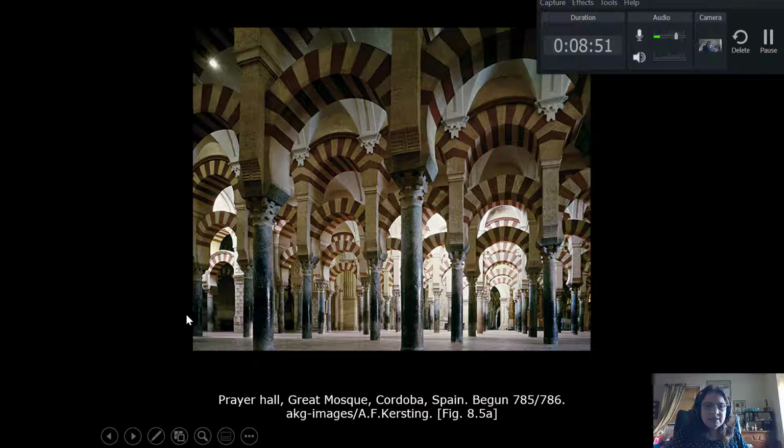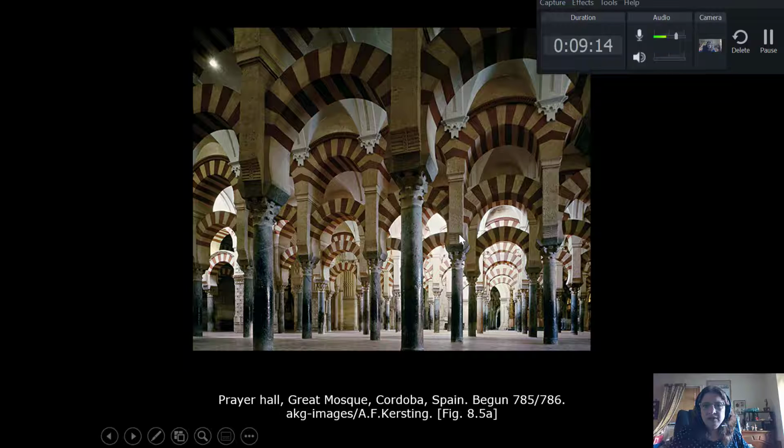And then this is the prayer hall, and it has these really interesting arches. It has the striations, and you see this in a lot of architecture in Italy as well. But what makes this really interesting is the way the columns are done, almost a double column.